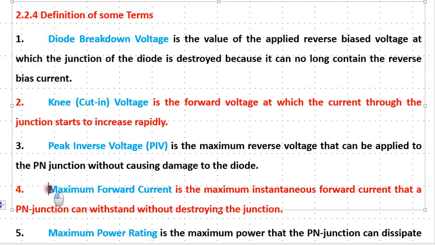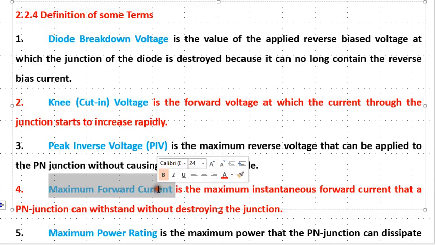And what is the next term? It is the maximum forward current. What is the maximum forward current? It is the maximum instantaneous forward current that the PN junction can withstand without destroying the junction. What are we saying? We are saying the amount of current that can flow when the diode is forward biased has a limit.